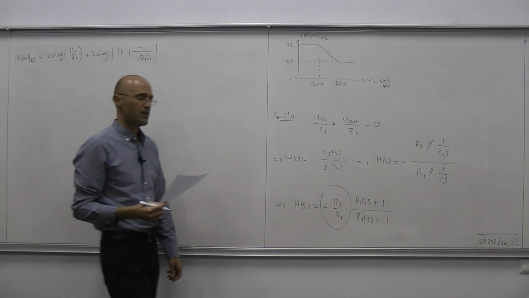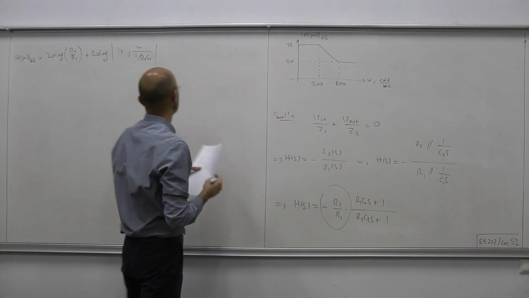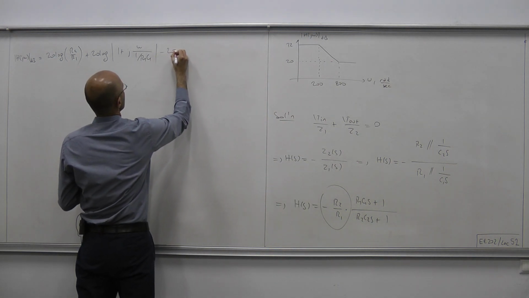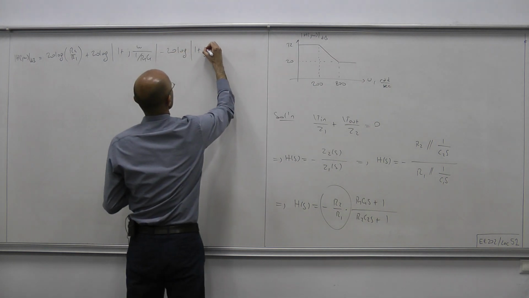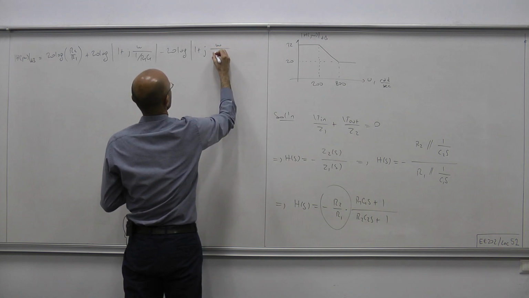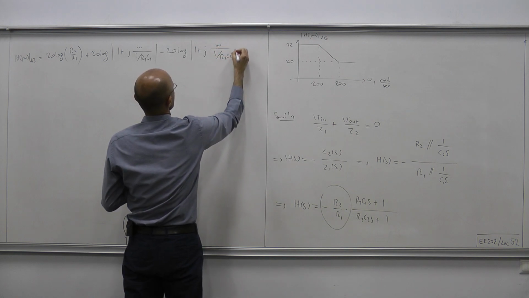And then we do the same thing for the term in the denominator, and that produces minus 20 log magnitude of 1 plus j omega over 1 over R2 C2.